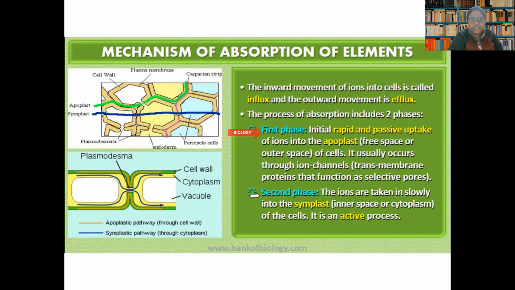Whereas the second phase, symplast, is comparatively slow, where the mineral ions are moving through the cytoplasm, and it is the active absorption process. So it requires energy for that. So these are two phases of absorption of minerals. One is apoplast and other is symplast.